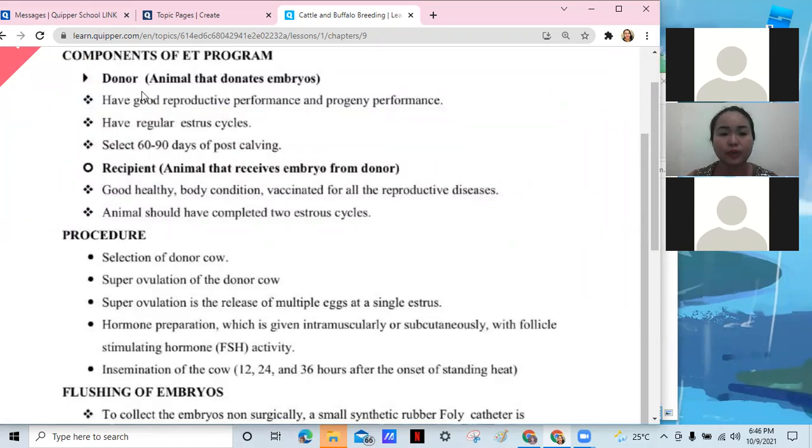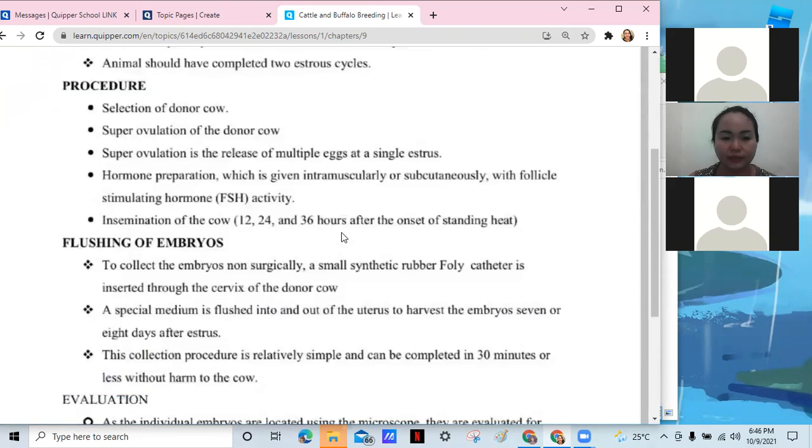The components of this embryo transfer program are, first, a donor animal that will make embryos and has good reproductive performance, progeny performance, and a regular estrus cycle up to 60 to 90 days post-calving. The recipient, the one that receives the embryo from the donor, should be in good, healthy body condition, vaccinated against all reproductive diseases, and have completed 2 estrus cycles already.